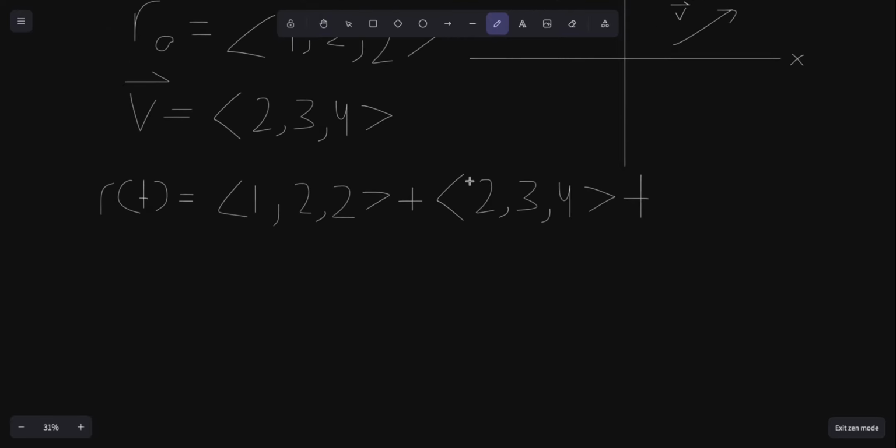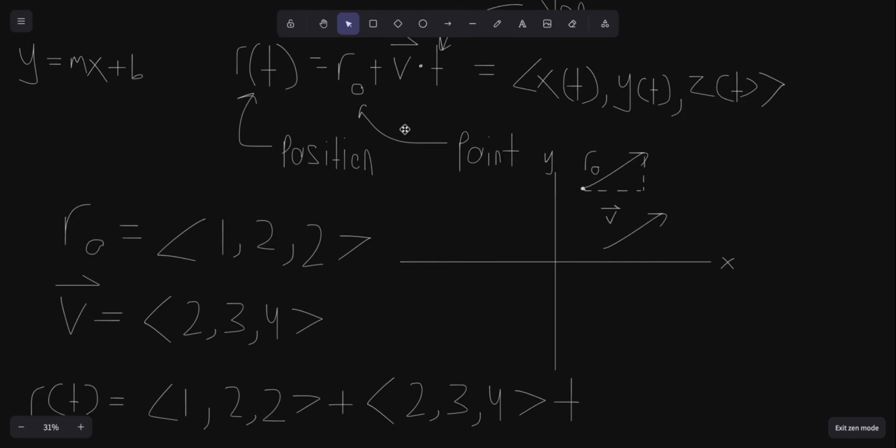And then if we simplify things a little bit, I get that r of t is equal to (1 plus 2t, 2 plus 3t, and then 2 plus 4t).